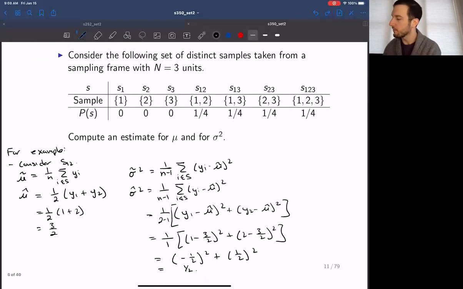In this case, it basically just becomes the sum of the squared difference of each observation around the mean, which works out to be 1 over 2 in the context of the example if we let y1 be 1 and y2 be 2. All right. So we can apply a similar idea if we wanted to see illustrations of other sample estimates based off of the different samples in this particular illustration.